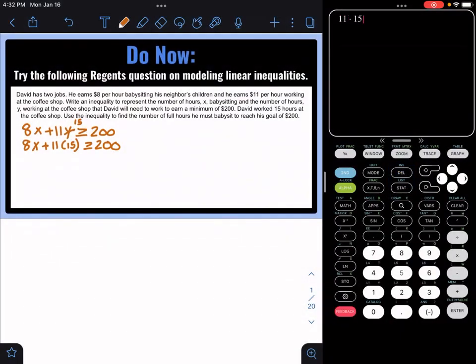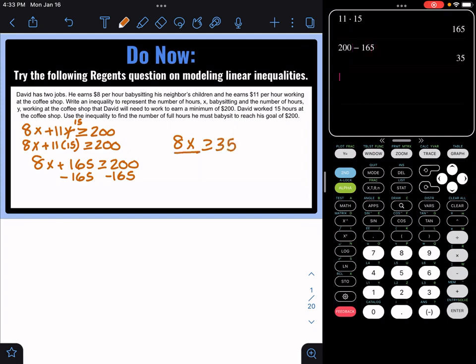11 times 15 is 165. So far he already made $165. We're going to subtract 165. That means in babysitting, he needs to make the $200 minus $165 that he already has. He needs to make back $35. He's going to get $8 an hour.